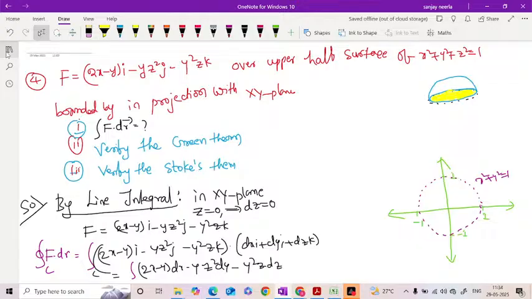But sometimes the question is like this: verify Green's theorem. Verify Green's theorem means you have to solve that problem two ways, that means by using the line integral or by using the double integral. Similarly, verify Stokes theorem means in that case you have to solve two ways. You have to apply the line integral as well as the surface integral.